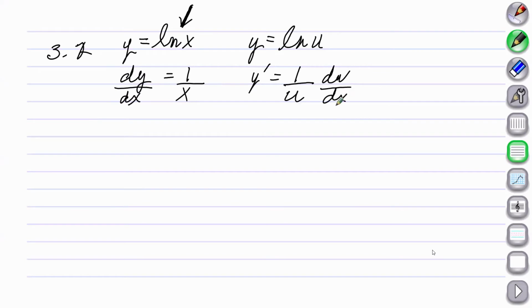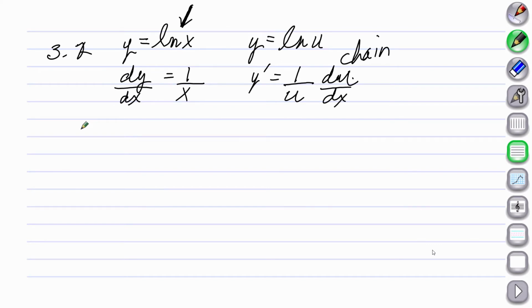So it's going to be the chain rule here, and that's how they're showing the chain rule. It's kind of like e to the x, except that the derivative of e to the x is e to the x, while the derivative of ln x is 1 over x. So it's just a special case. These are probably a little bit easier than the last problems you did, for sure.